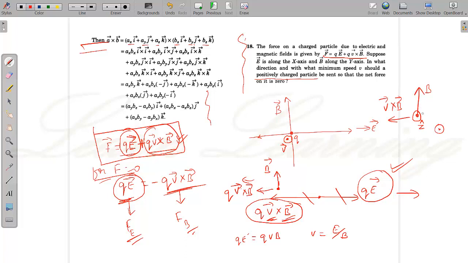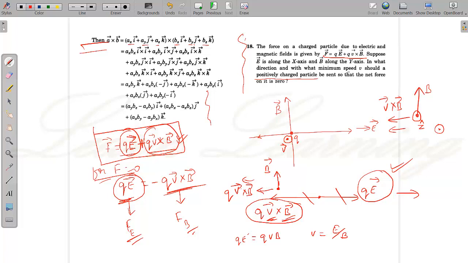If you do V cross B, z-axis to B, then you will find that this is the direction of V cross B. That means the direction in which the charge has to be thrown is the positive z-axis, right?